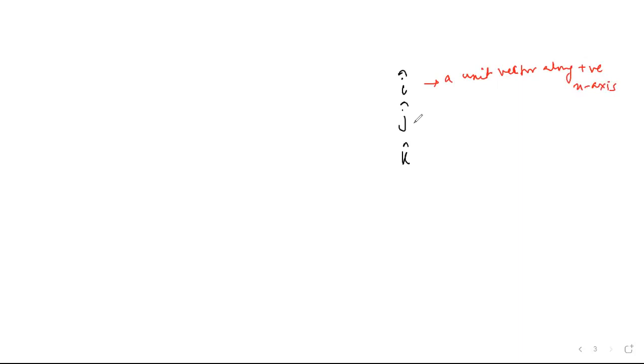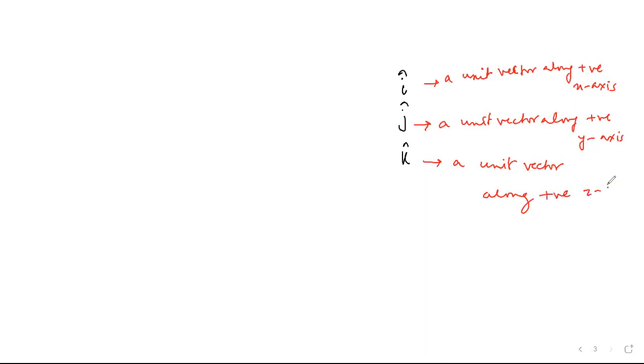By definition, j cap is a unit vector along positive y-axis, and k cap is a unit vector along positive z-axis. So in diagram, I can show them.